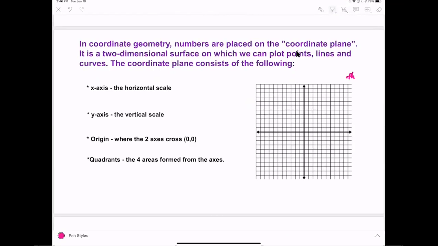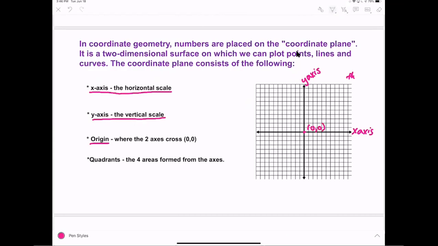Your horizontal line is called the x-axis. That's the horizontal line that I've labeled here. The vertical line is known as the y-axis. And where they cross is the origin. Of course, that's going to be our starting point. It's going to be the point (0, 0).